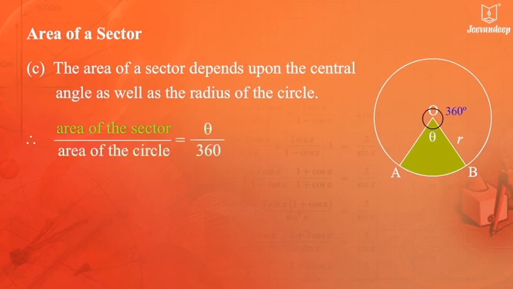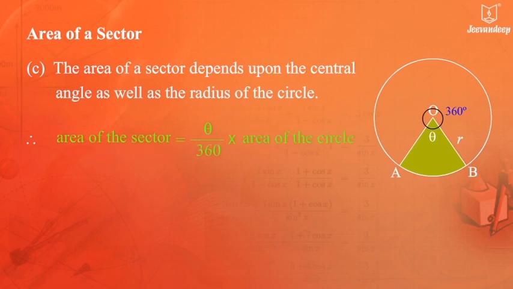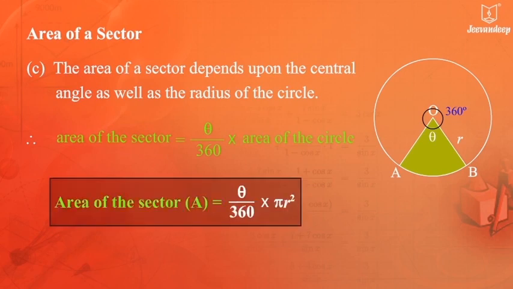Therefore, area of the sector equals theta upon 360 multiplied by area of the circle, or area of the sector A equals theta upon 360 multiplied by area of the circle pi r square.